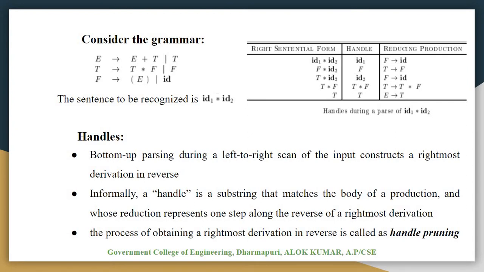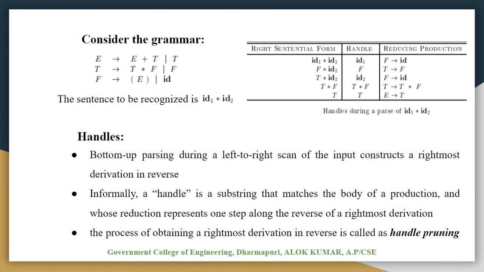We have to take this input string, start from the leaves and go up to the root. Here we start from the right sentential form, and we construct the rightmost derivation tree in reverse order.